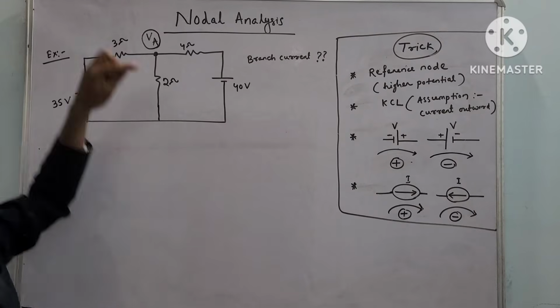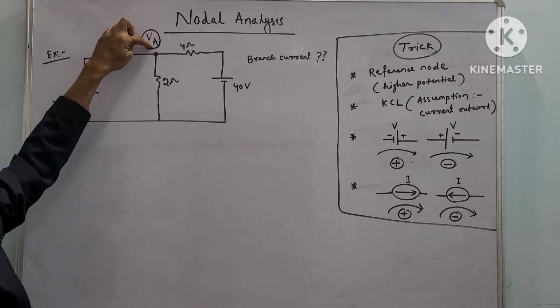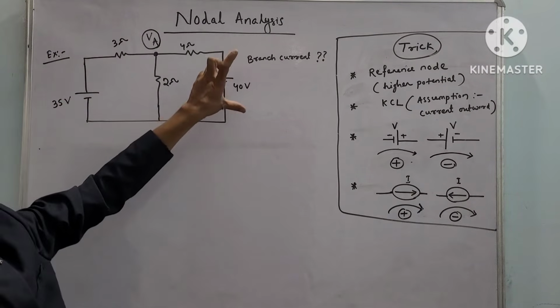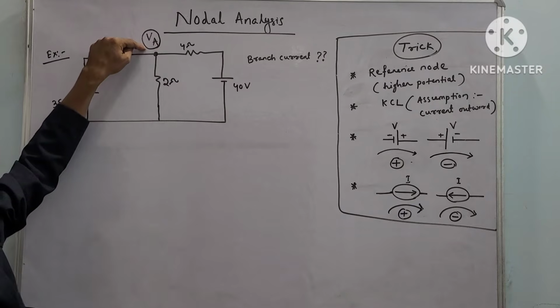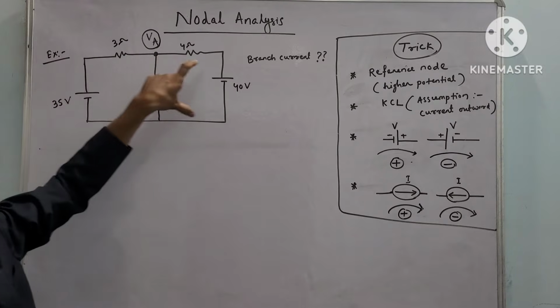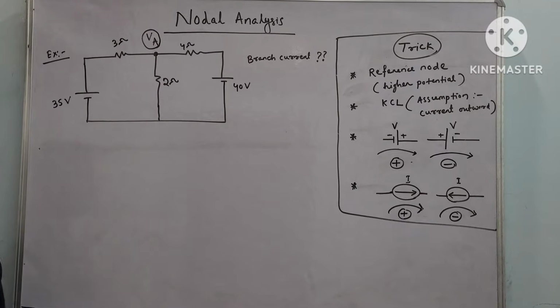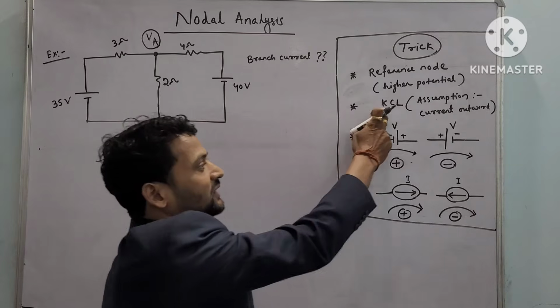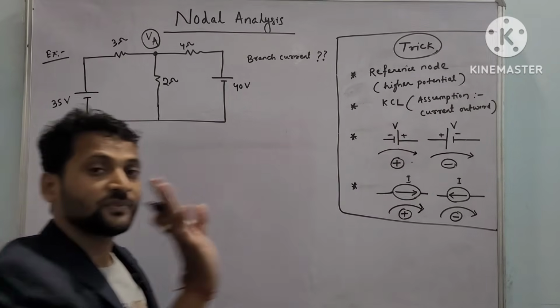So we assume that the potential VA is dominating over the other two potentials, or the potential at A, which is VA, is higher than these two potentials. Clear? Next we will apply KCL and the current direction would be outward.